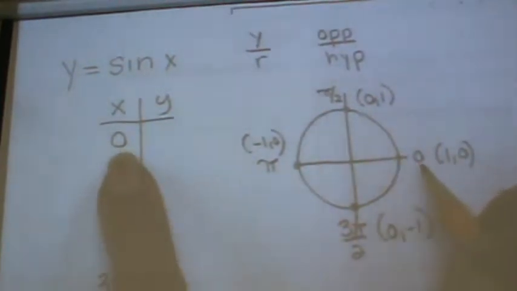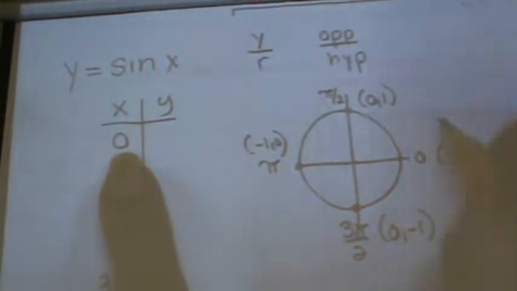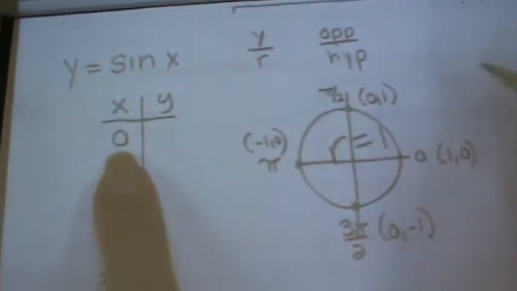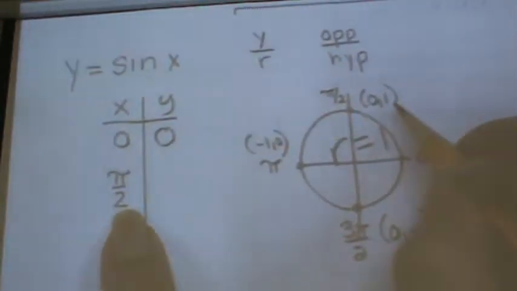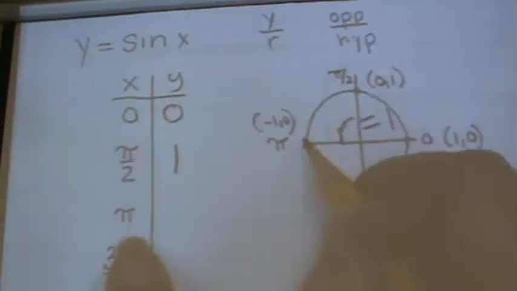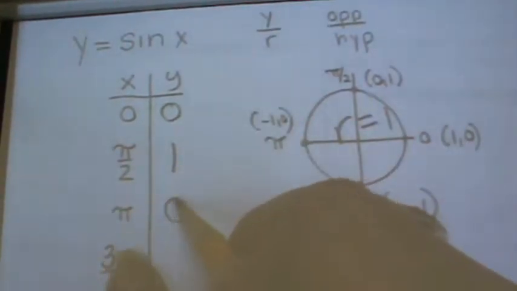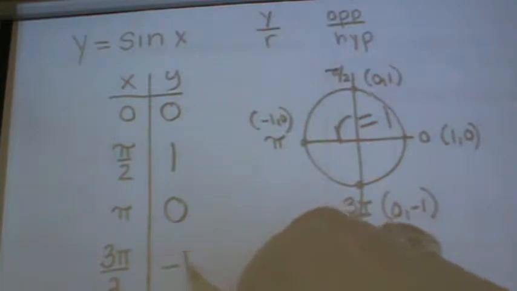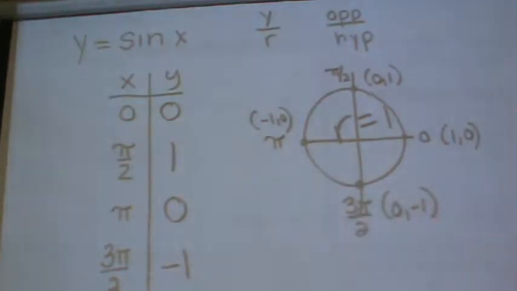So at these four places, at 0, the y value over r, and remember r is 1, is 0 over 1, which is 0. At pi over 2, the y value is 1, so 1 over 1 is 1. Then we did pi: y is 0. Then -1, and 0. So what did this thing look like when we graphed it? It was on, above, on, below, on, right?